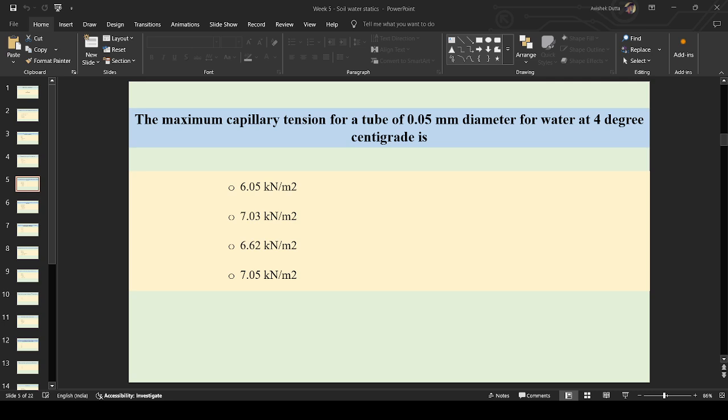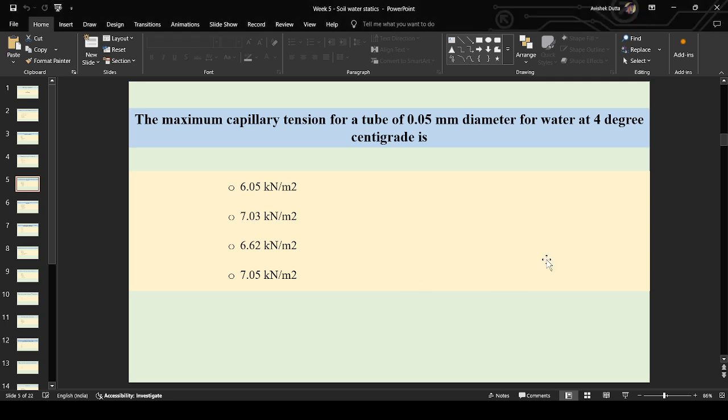Yes, this is a small numerical. The maximum capillary tension for a tube of 0.05 mm diameter for water at 4 degrees centigrade is.